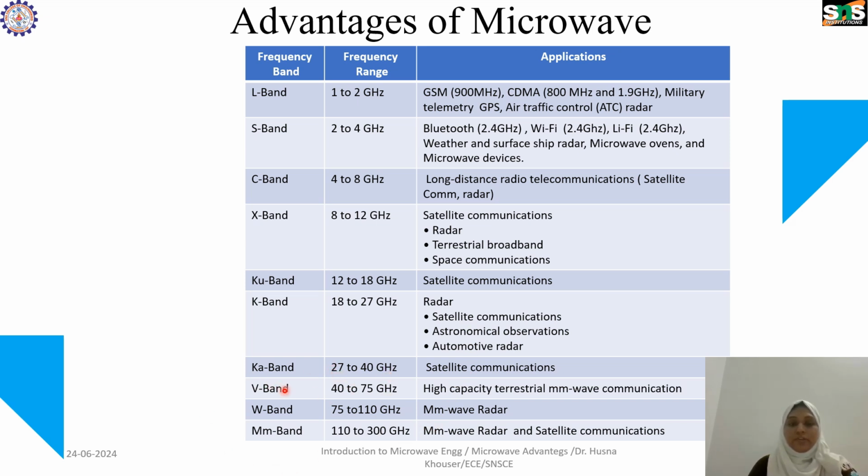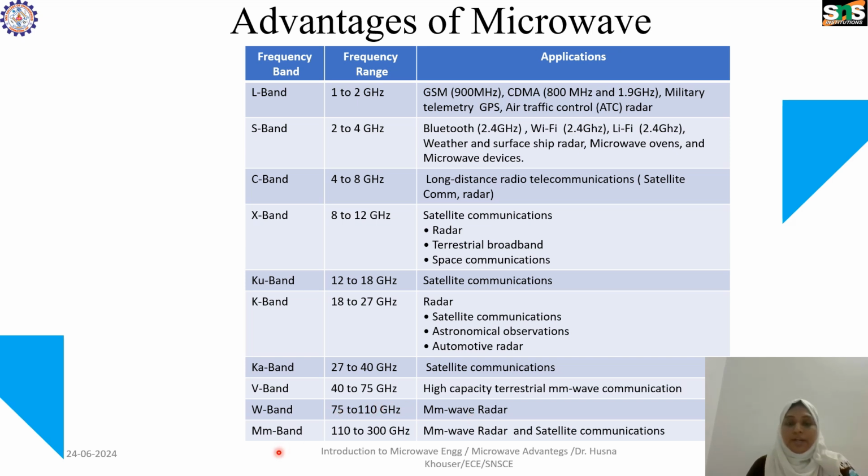Next is the V band. V band is 40 to 75 gigahertz, for terrestrial, that is millimeter wave application. After this V band, the W band, M band, all these are very high frequency, that is millimeter wave band application. This W band varies from 75 to 110 gigahertz.